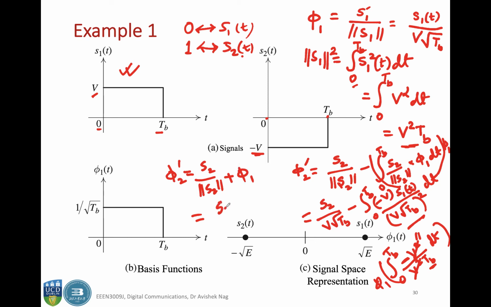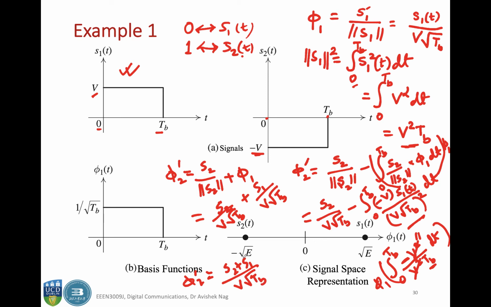Let me write it out. So this is S2 divided by V root TB, which is the norm of S2, plus S1 by V root TB, which is your phi 1. So your phi 2 dash is S2 plus S1 divided by V root TB.